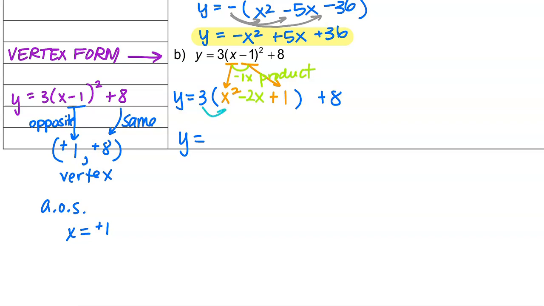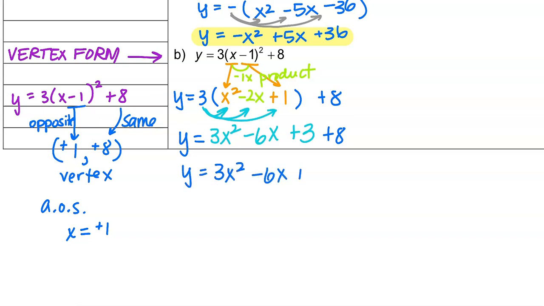And then distribute the 3 through, so that becomes 3x squared. 3 times minus 2x is minus 6x. And then 3 times 1 is plus 3. And then add the 8. And so y equals 3x squared minus 6x plus 11.